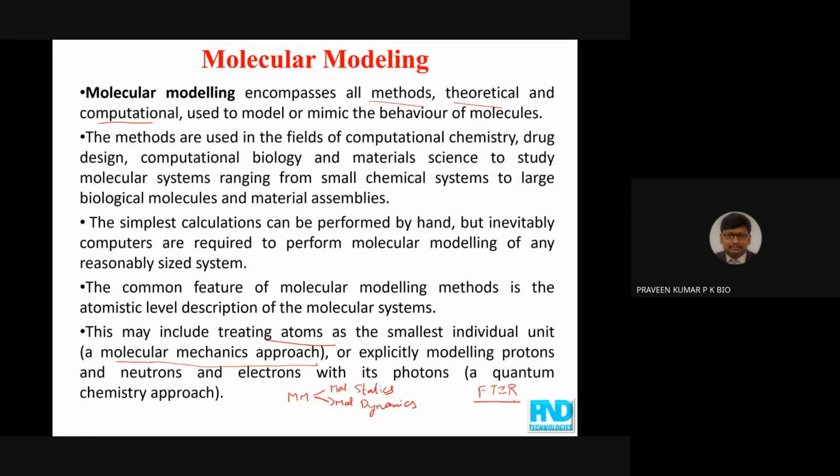This is the experiment we use to identify functional groups. This FTIR uses a principle where the functional groups are determined through vibrations only. Only through the vibrations can we determine the atoms in the molecule.